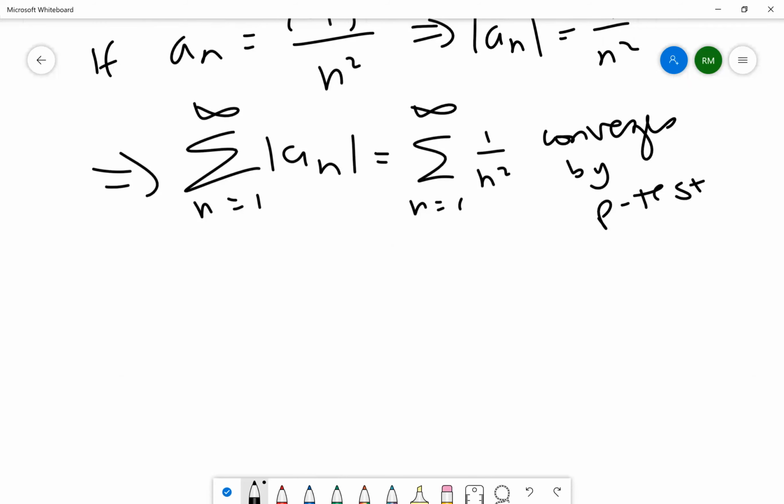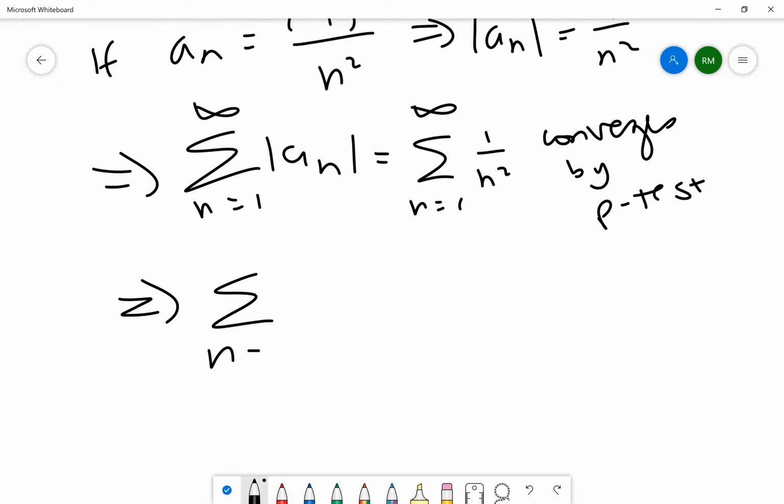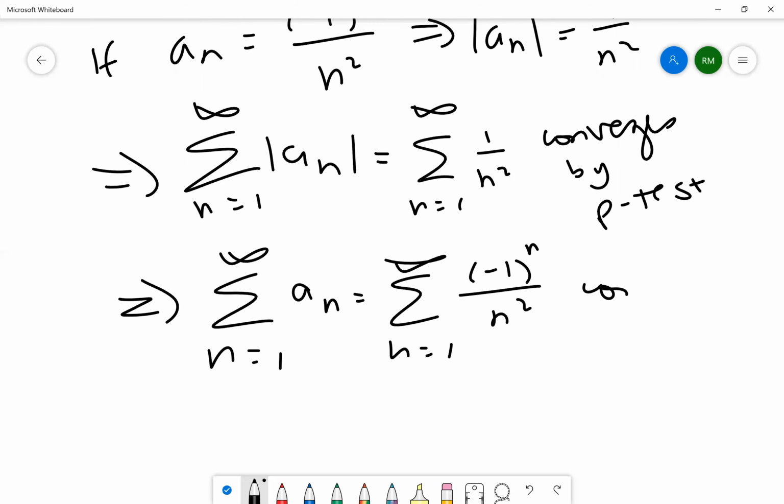And since the sum of the absolute values of the a_n's converges, the sum of the a_n's also converges.